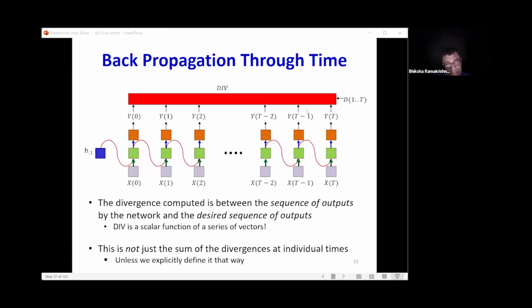We will see in the coming classes how we can convert one of these complicated situations to a situation where the divergences can be considered at individual times, because that's what makes the computation simple. But in principle, this divergence is between 2 sequences, right? Okay. That clear?